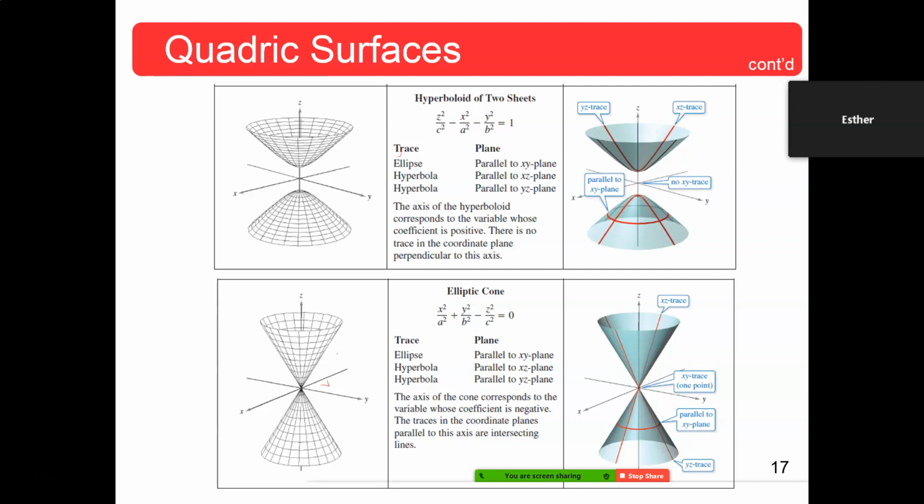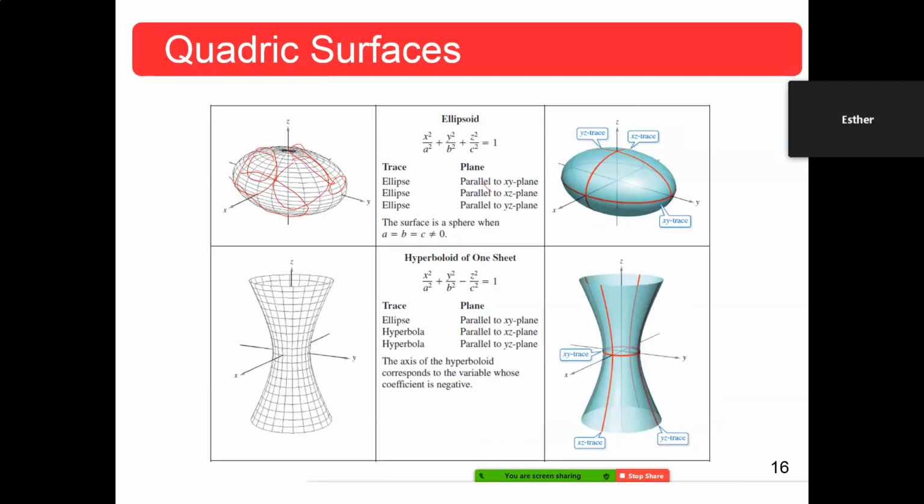Now, again, let's see, I didn't point this out. Here in our hyperboloid of one sheet, everything parallel to the XY plane, or whatever is perpendicular to your axis, which is the one and only minus sign there, that's your axis.